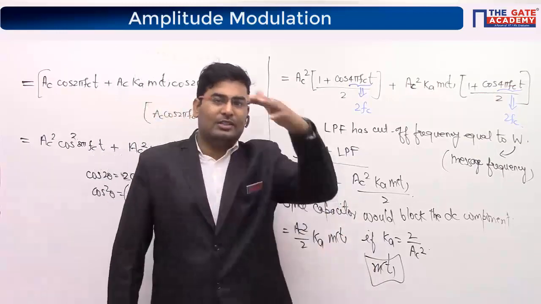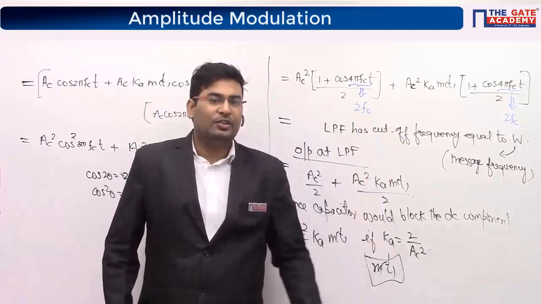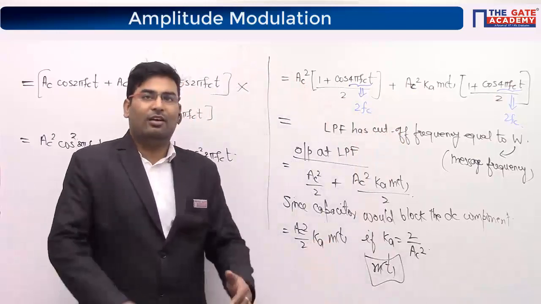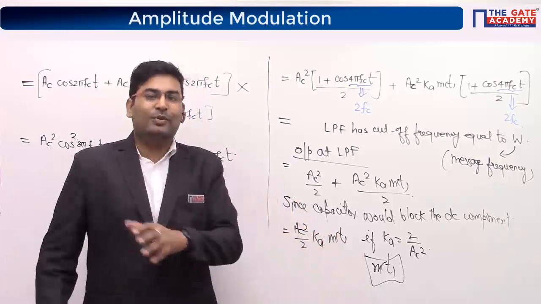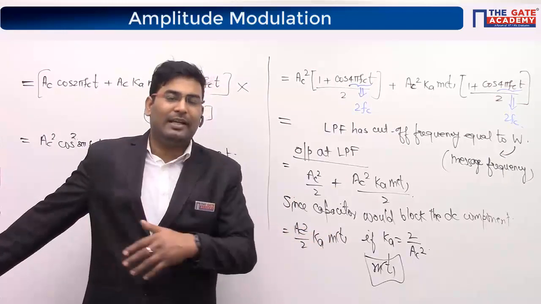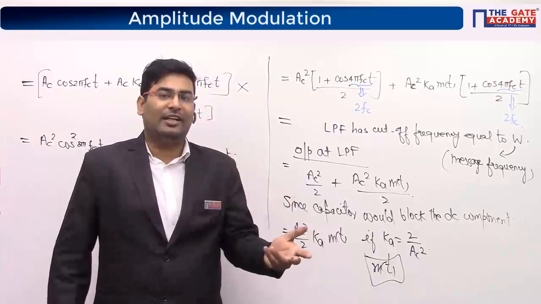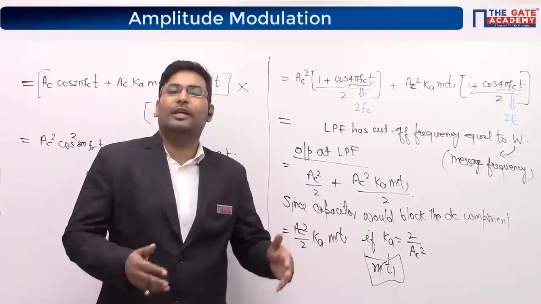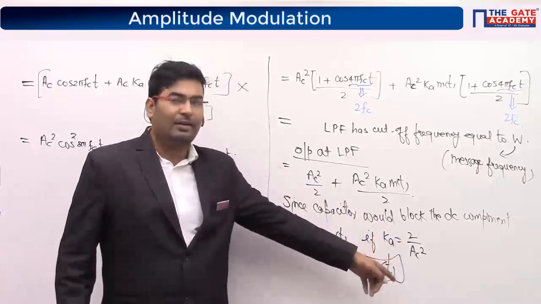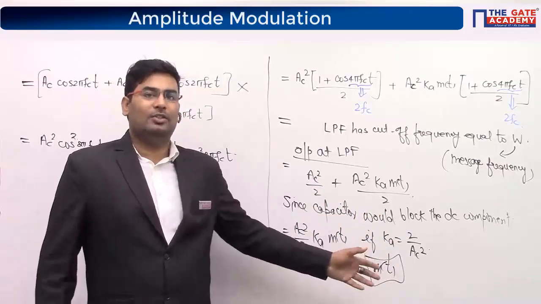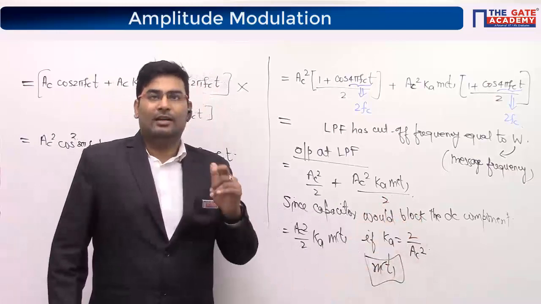It is not using some envelope technique or something else. So let's not fight over the value of K. K has to be part of the AM signal. But when you are using a synchronous detector, I am saying you can also put K equal to 1. There is no issue. Then you have to use a multiplier, multiply by 2 by Ac square. Then you have to do it separately. Clear?